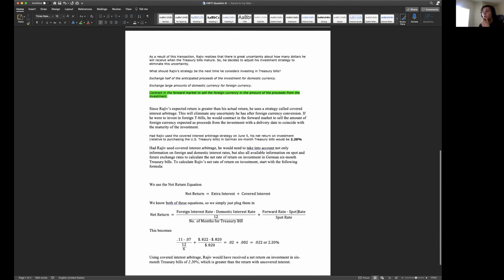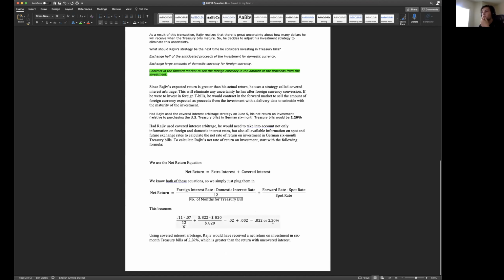And then you're going to use the original spot rate, which was 0.820, divided by the original. I'm not converting to percentage form until the end. Then for the extra interest rate, we use the same equation, add them together, and you get 0.022, or in percentage form, 2.20%.